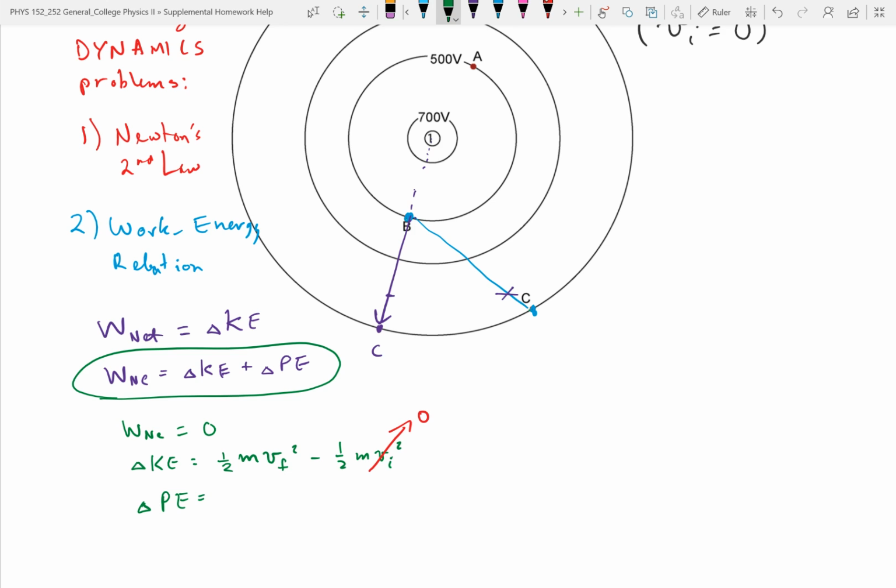And then change in potential energy. The change in potential energy is the only thing that's new to us. All this other stuff we've been doing, and about two days ago we did a whole bunch of problems where we did this. What's the equation for change in potential energy if I have a charge going from one electric potential to another?